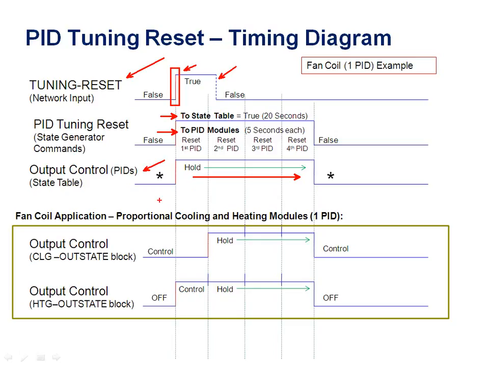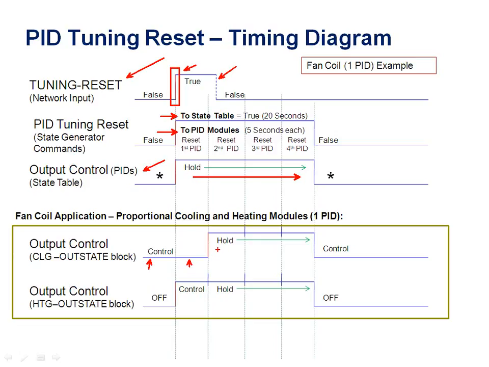Now in the fan coil application that we were just looking at, for the proportional cooling and proportional heating modules, each one containing 1 PID, you can see on the first one here, if the cooling proportional control module is currently in control, the first reset PID command puts it into the control mode, but it already was in control, so it stays in control mode.